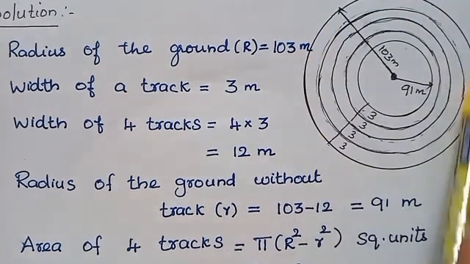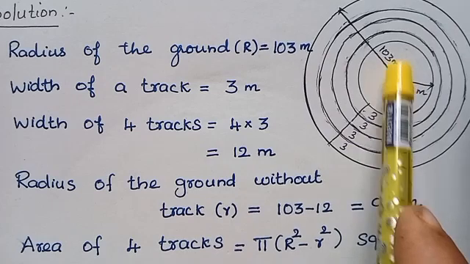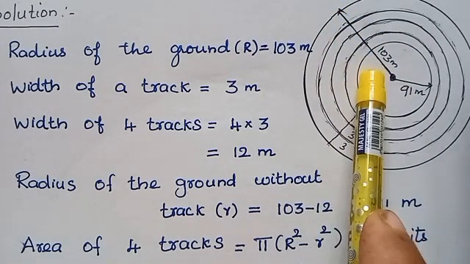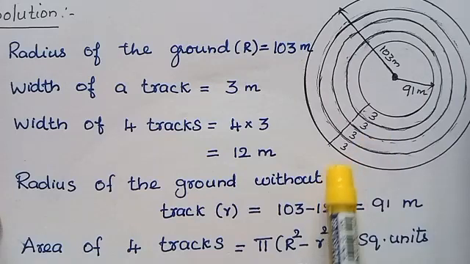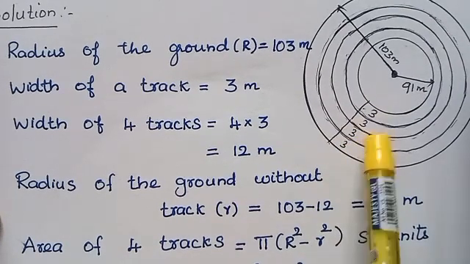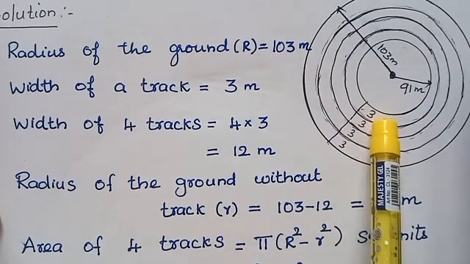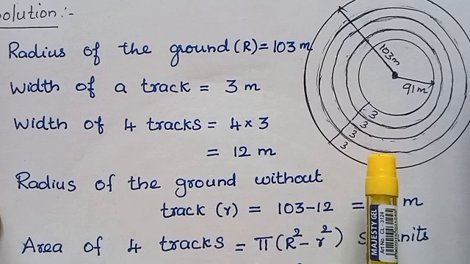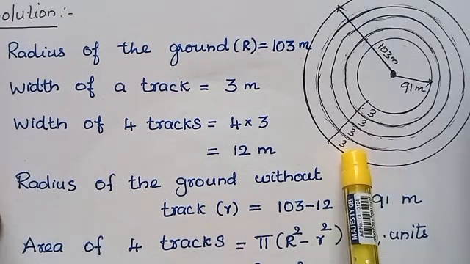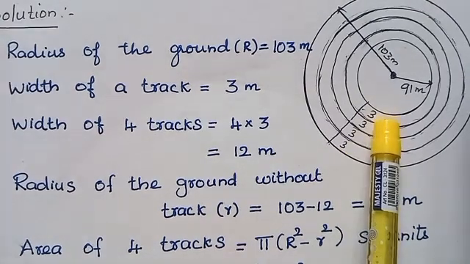This is the circular ground. Radius of the circular ground is 103 meter. Inside the ground, 4 tracks are there. Width of each track is 3 meter. So what is the total width of 4 tracks? 4 threes are 12.